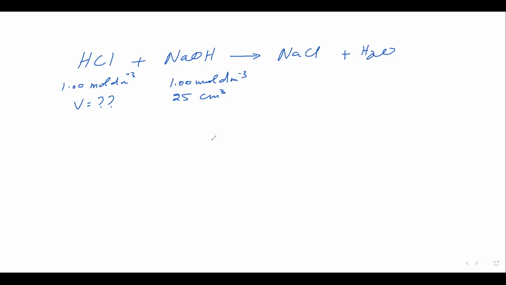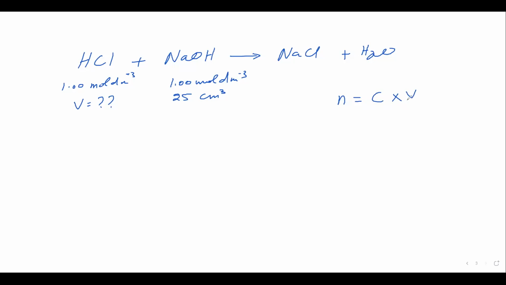Yeah, the volume is the concentration divided by moles. What is the rule? Do you remember the rule? The number of moles equals volume times concentration divided by 1,000. Yes, excellent.